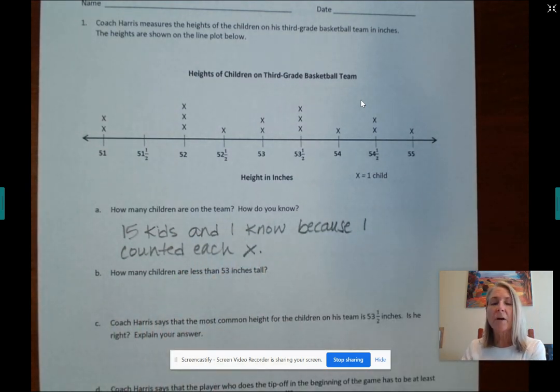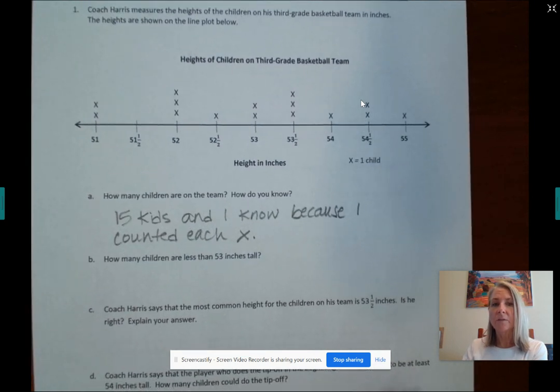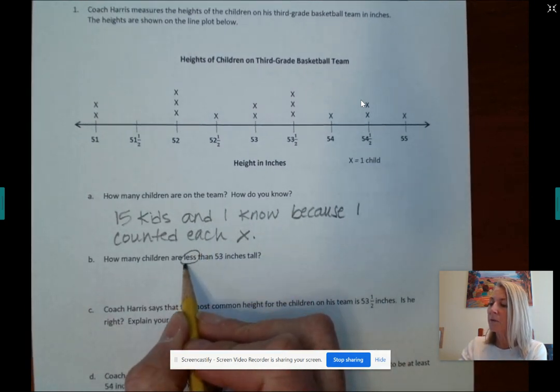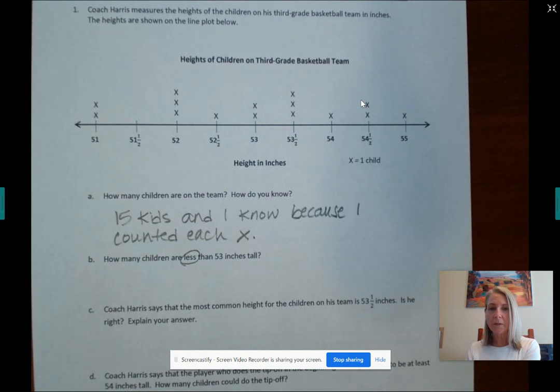How many children are less than 53 inches tall? All right, so less is one of those key vocabulary words. We've used it in calculations, right? How much more or how much less or how many fewer. Those are words that indicate a difference.